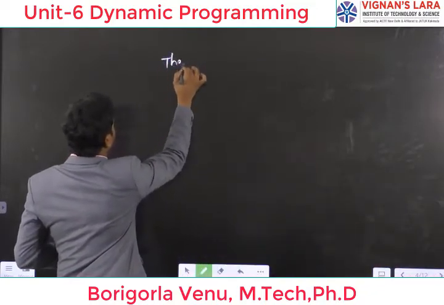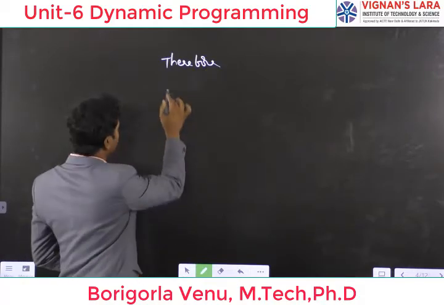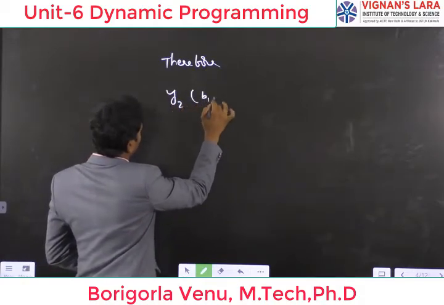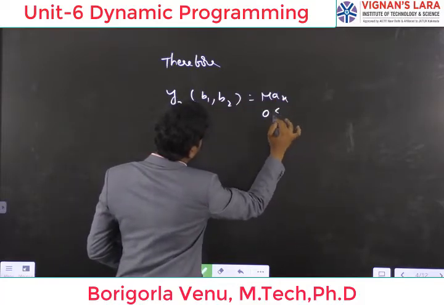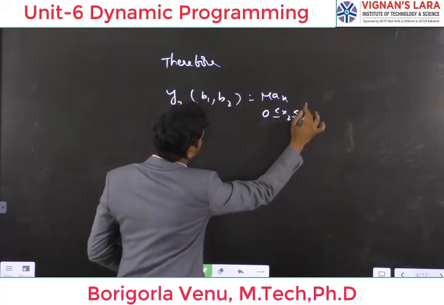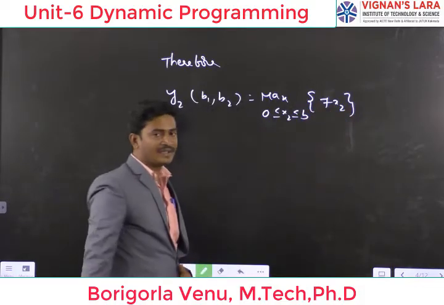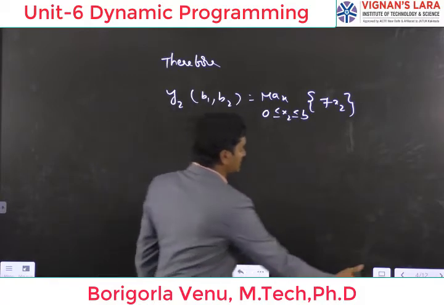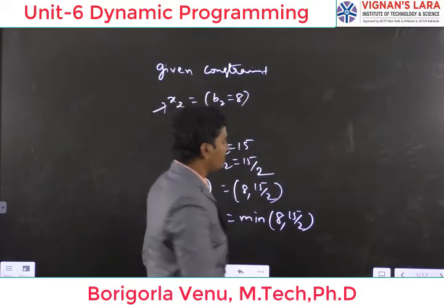Therefore, we already know the equation, that is f2 of b1 comma b2 is equal to the maximum over 0 less than or equal to x2 less than or equal to b of 7x2. Here we are going to substitute the x2 values that we calculated, that is the minimum of 8 comma 15 by 2.